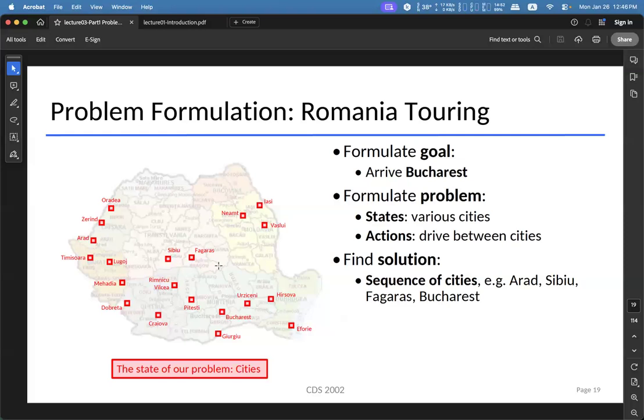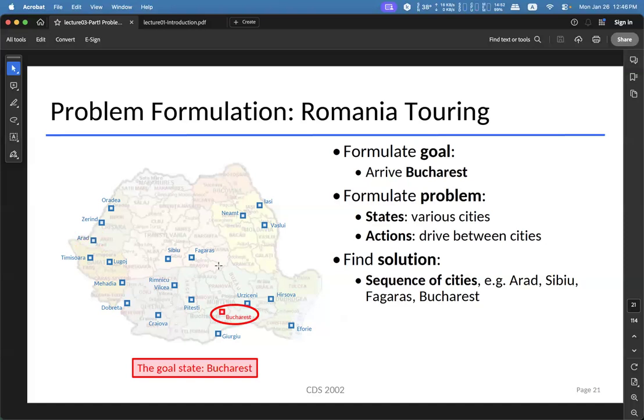These cities become the states of the problem. The initial state is Arad, and the goal state is Bucharest.